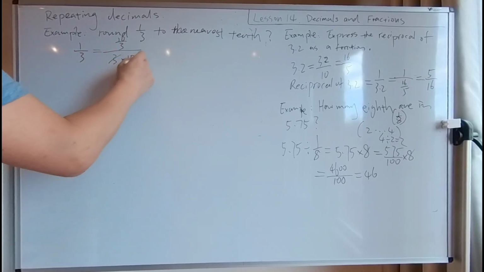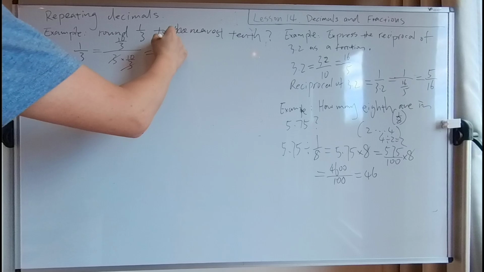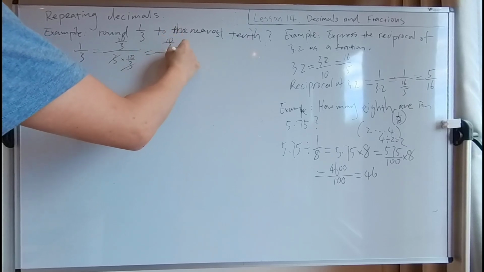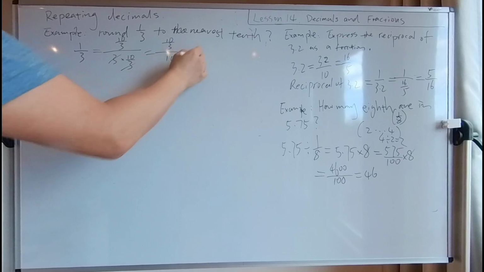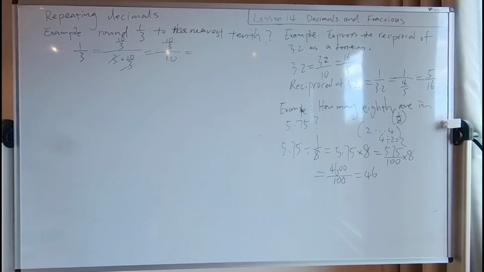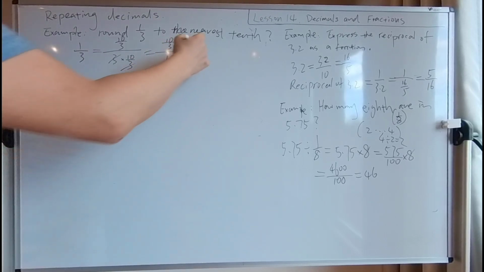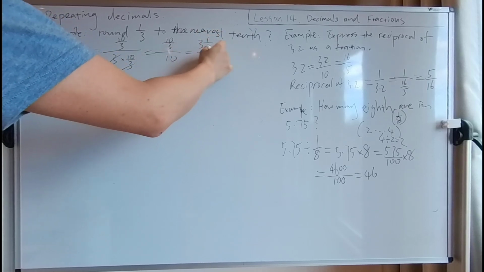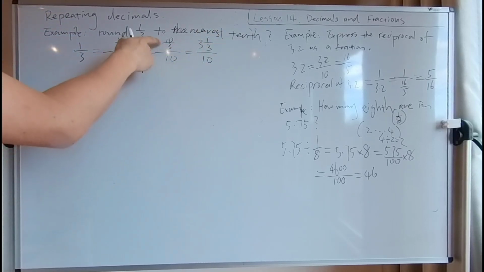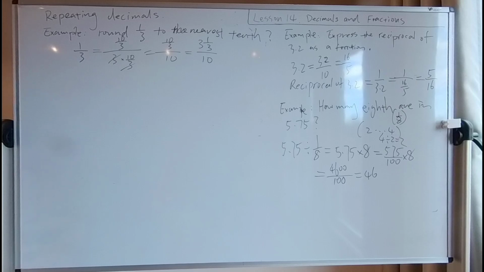And then this cancels out, so this would be 10 over 3 over 10. And then 10 over 3, remember, we can also write this as 3 with 1 over 3, right? Because 10 is 9 plus 1.